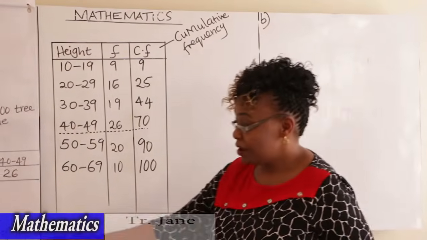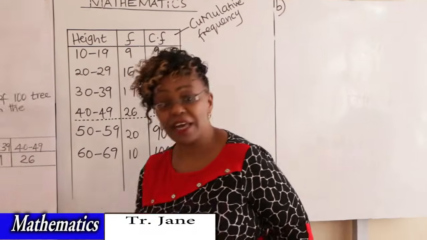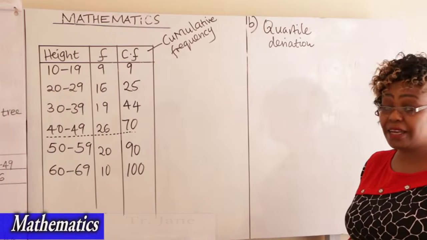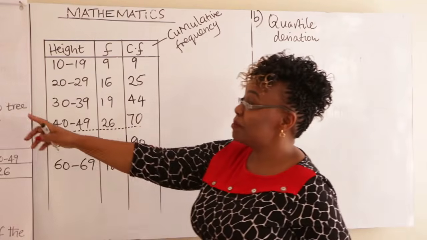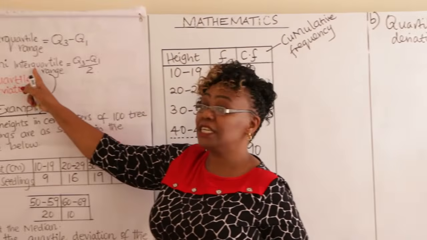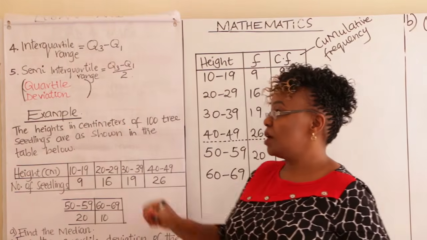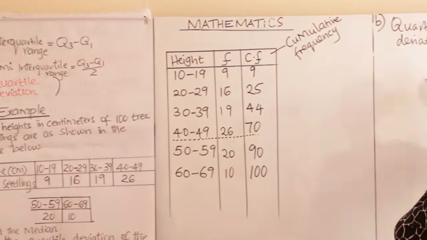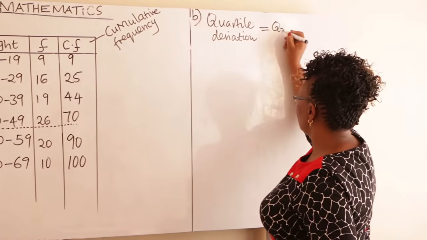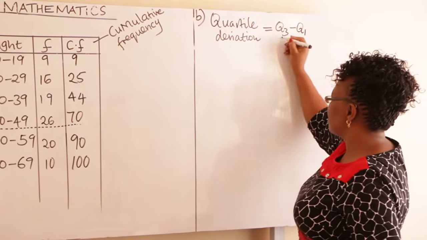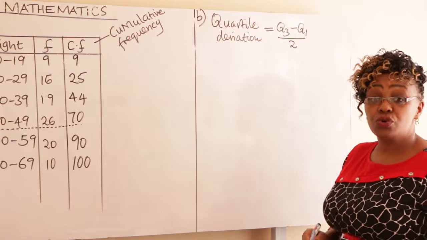So part B, find the quartile deviation of the heights. Quartile deviation, learner, remember we said it is the same as the semi-interquartile range, which is Q3 minus Q1 over 2.